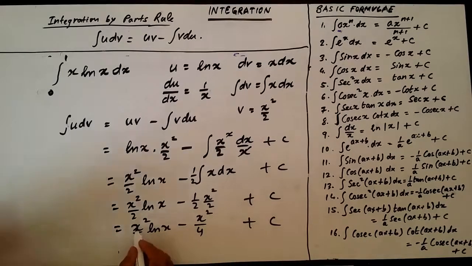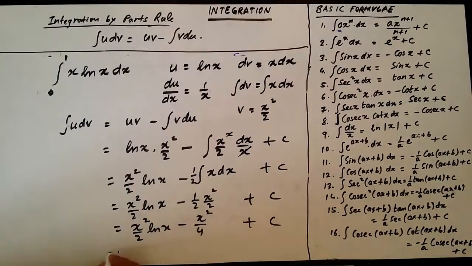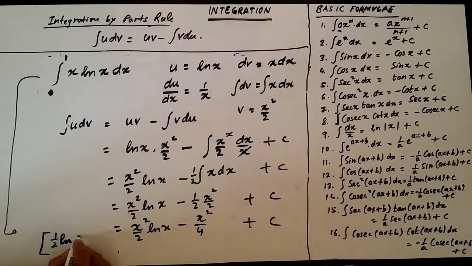So we just substitute the value of 1 instead of x here and x here. So in this case it becomes, x squared is 1, so it becomes half ln of 1 minus 1/4. Okay, so this is the answer.